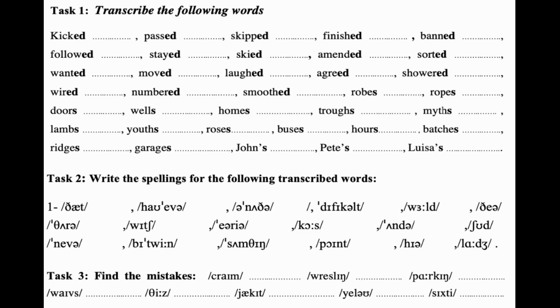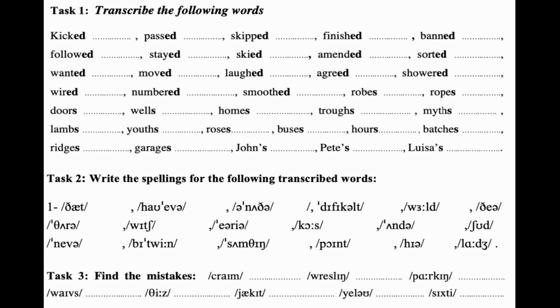Let's practice more. Transcribe the following words in which you'll find the final s, the final ed, like in kicked, passed, skipped, finished, banned, and so on. Task 2. Write the spellings for the following transcribed words: that, however, etc. You finish the rest. Task number 3.